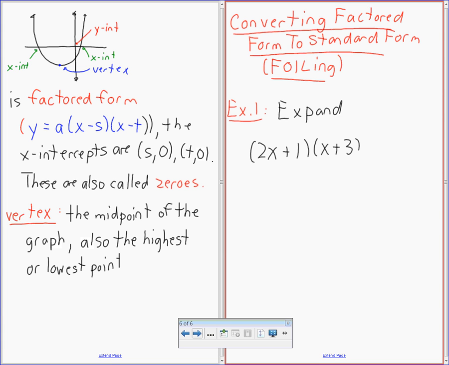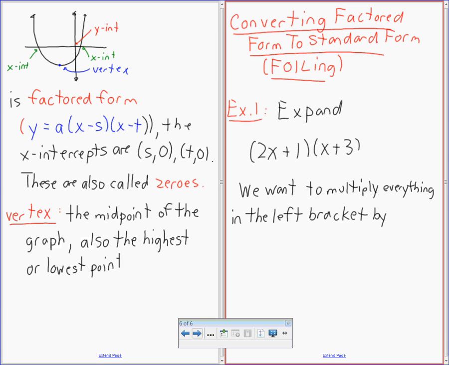So what we want to do for distributive law is multiply everything in the left bracket by everything in the right.